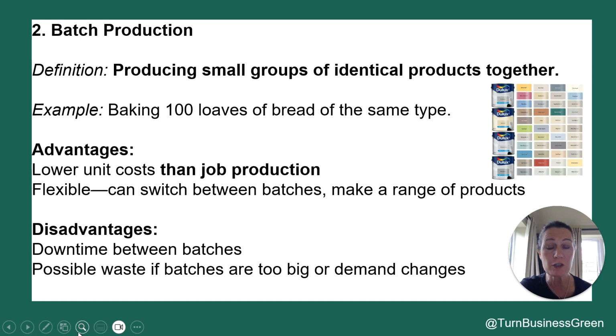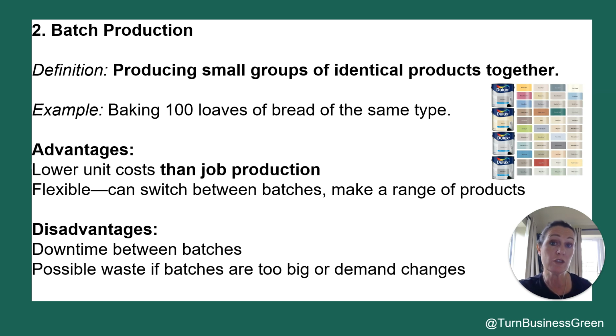Okay, next up, batch production. So, batch production is where we make batches of products, small groups of identical products that are made together, and then the business moves on to producing a different batch of goods. For example, the classic GCSE business example, the bakery baking 100 loaves of bread of the same type, then maybe cleaning up your equipment and moving on to a different type of bread and making a different type of loaf.